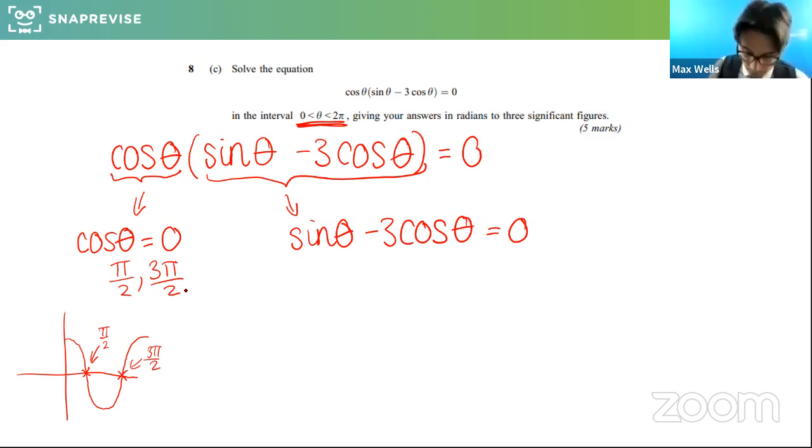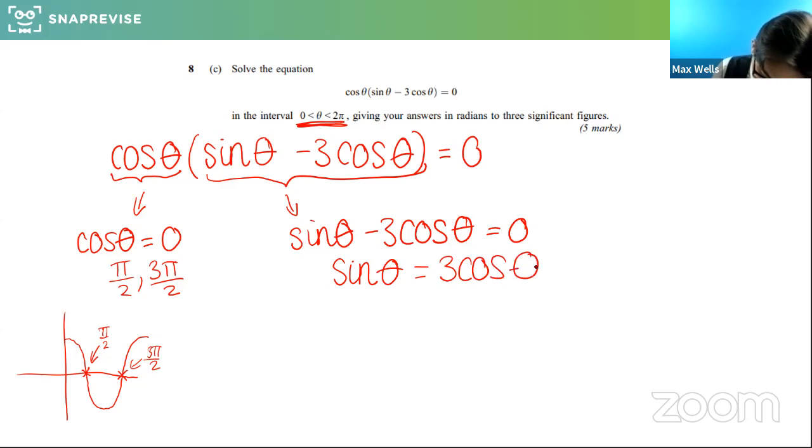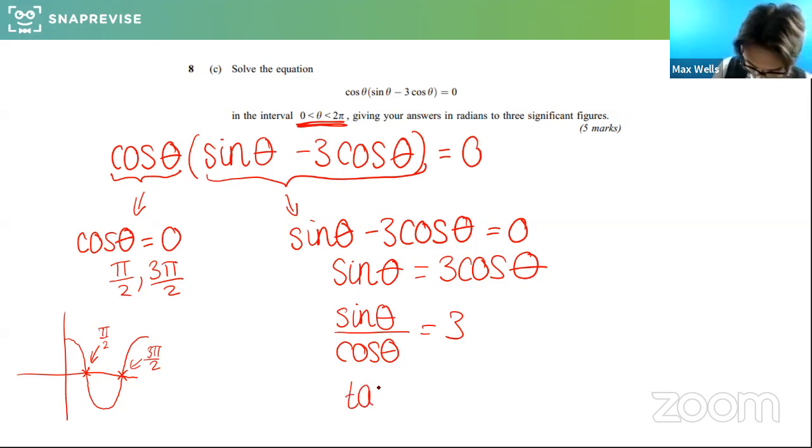And then this one, we're going to look at solving. If we move the 3 cos to the other side, divide by cos, sine over cos is the same as tan theta. And this is actually a problem we've just solved.